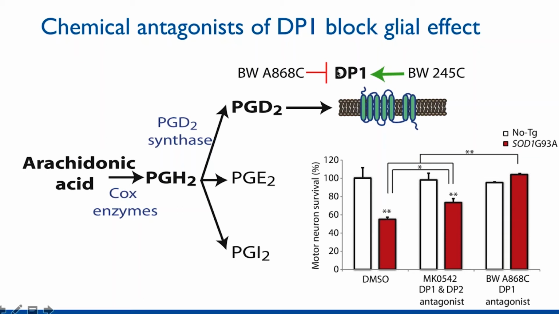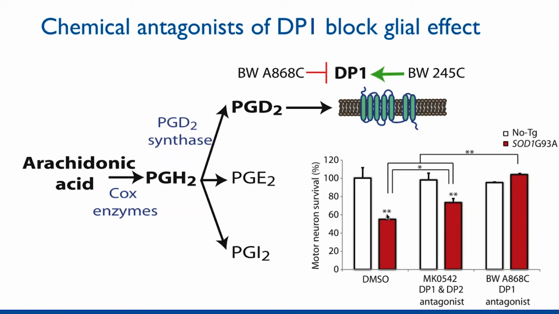But in cells that now carry the SOD1 mutation and have upregulated the expression of this receptor, adding either an antagonist of DP1 and another PGD antagonist DP2 as well as this more selective DP1 antagonist, completely protect the motor neurons from these non-cell autonomous effects. And interestingly, if you take these cells where you see normal survival and you add this agonist of DP1, you can actually recapitulate the same survival difference.